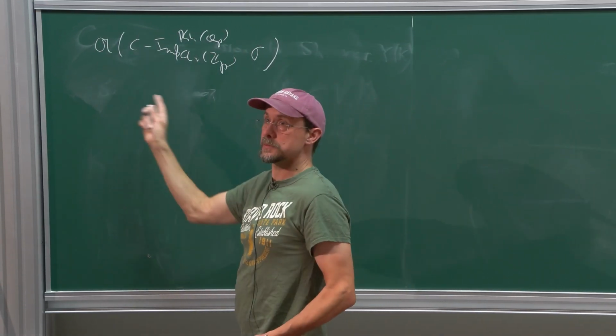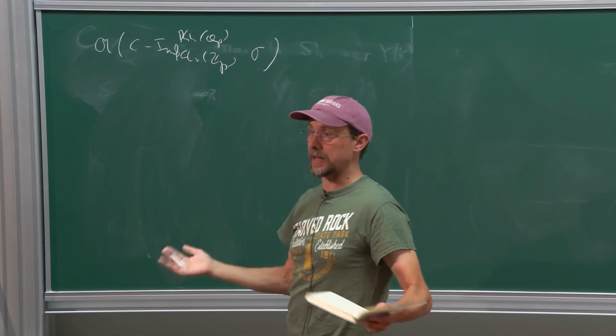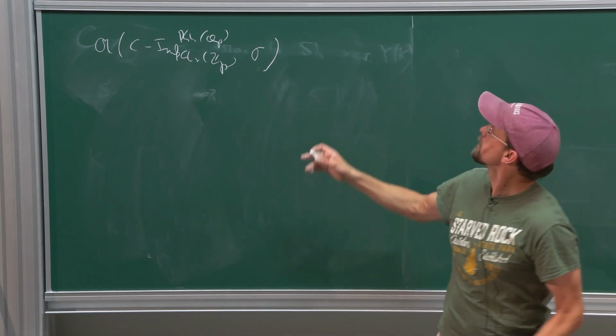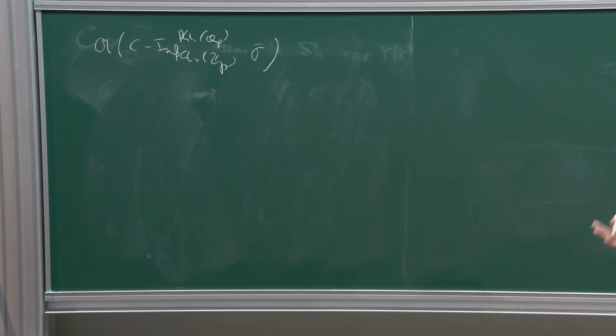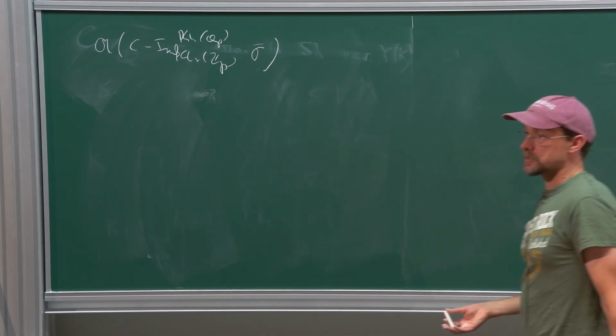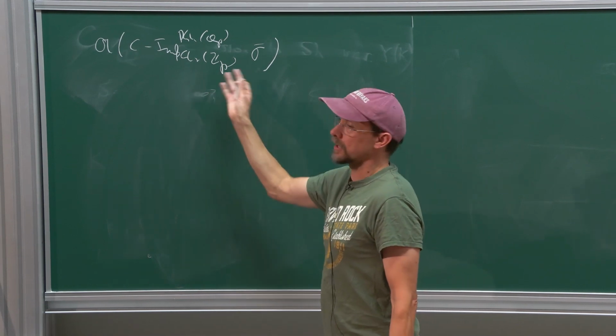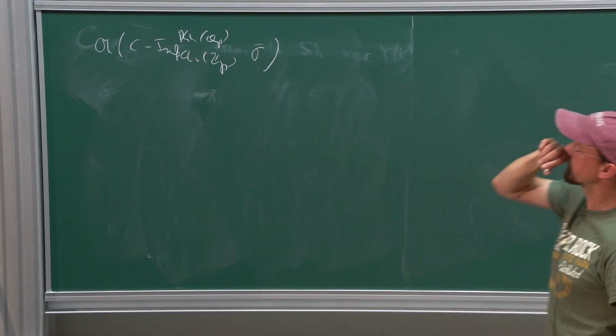So this coherent sheaf will be supported exactly on that X sigma bar. And by no mod p multiplicity 1 theorems, it has to be a line bundle. And the question is, which line bundle is it?